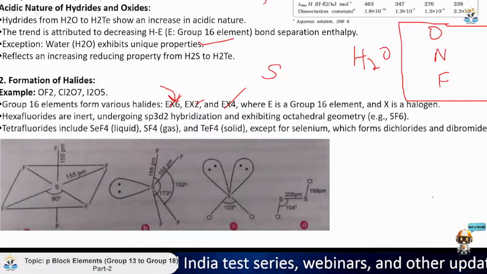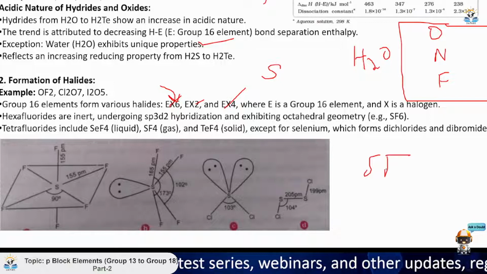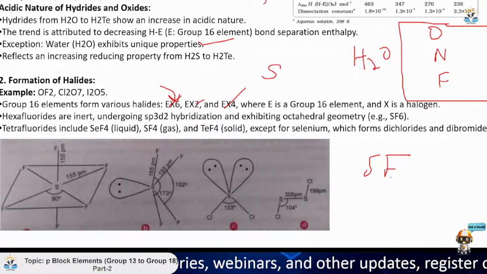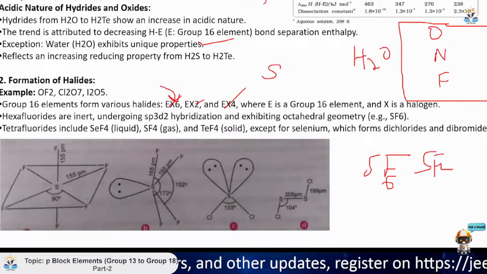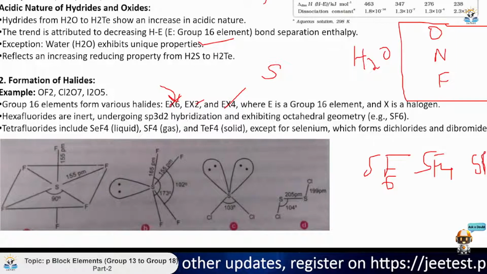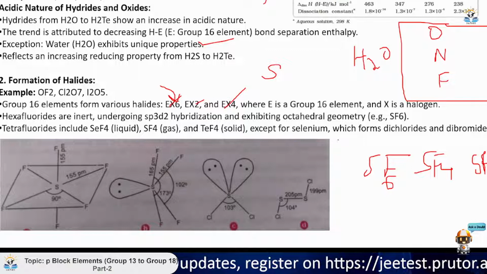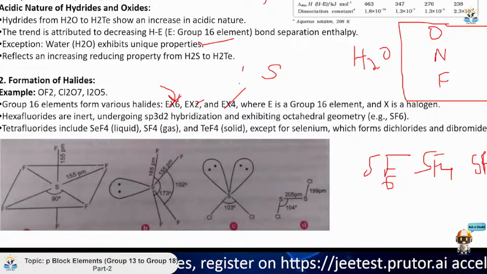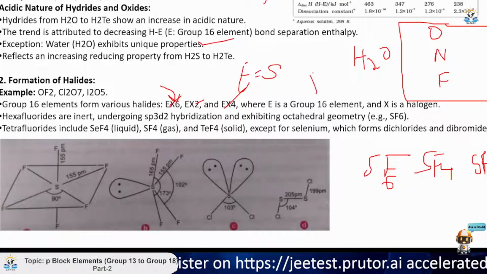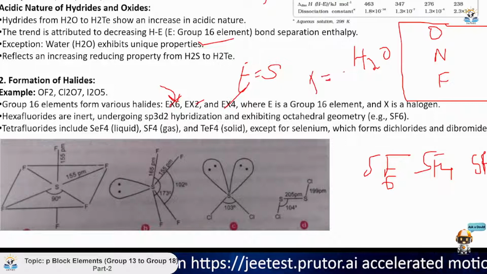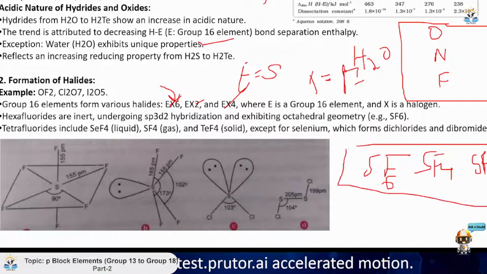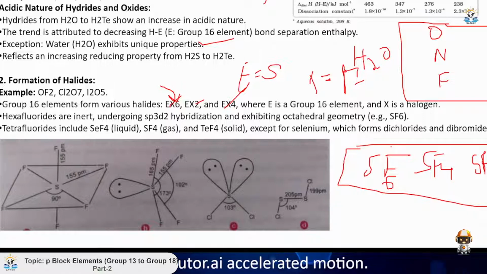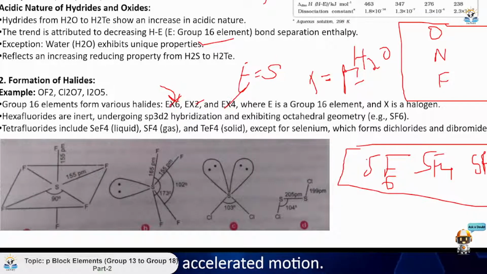Because SF is a very common compound that we have seen in chemical bonding also. So, we've seen SF6, we have seen SF4, and SF2 also exists. So, E is basically S in this example, and X is basically F. And these are all compounds that exist in the real world.